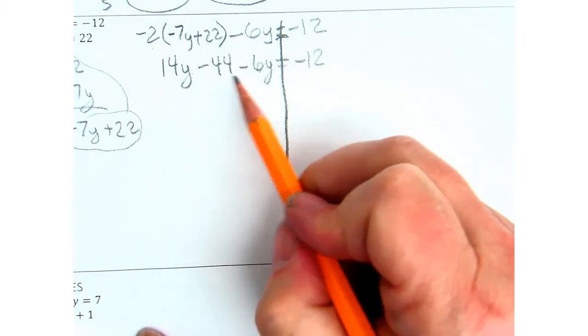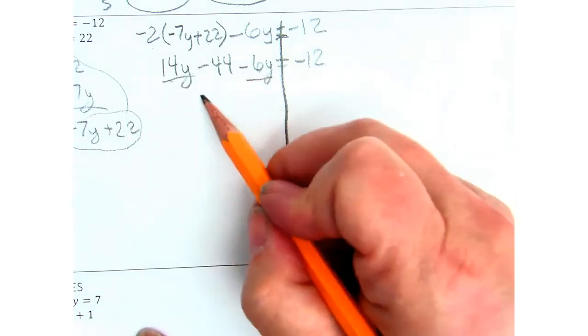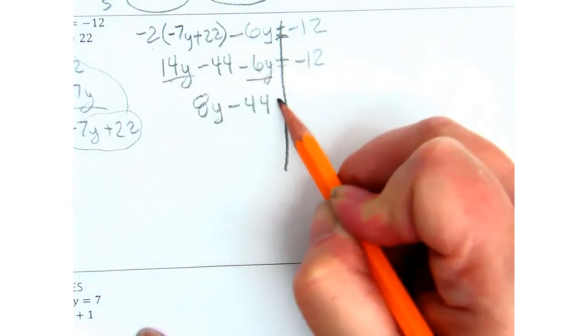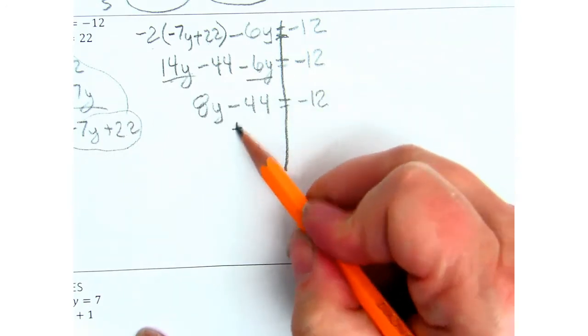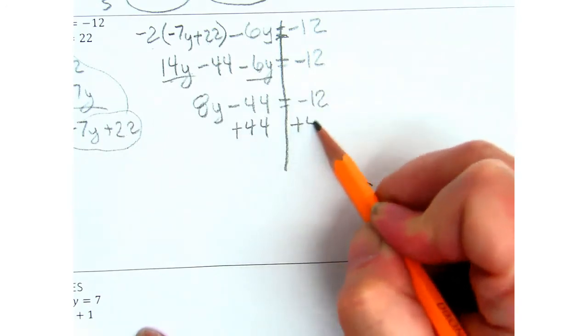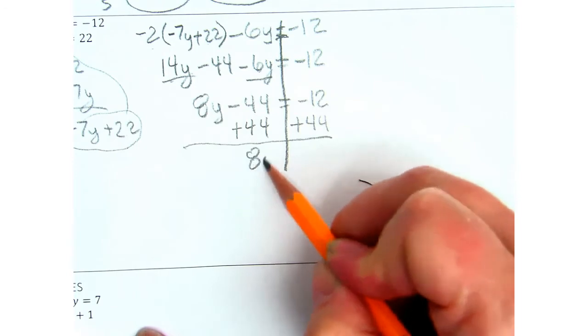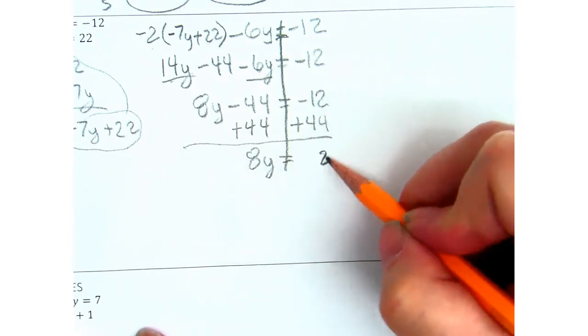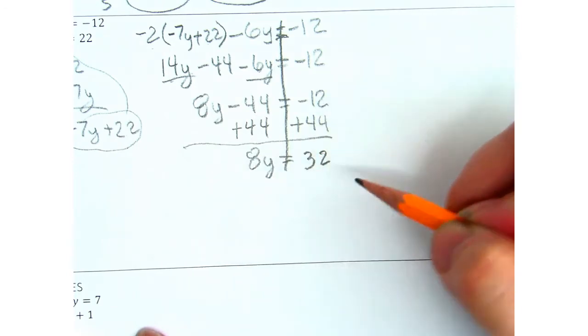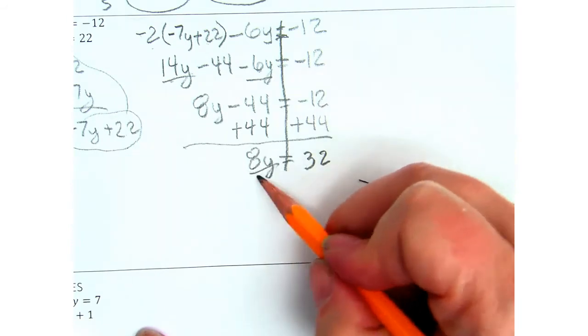Combine like terms. Add 44 to both sides of the equation. Divide both sides by 8.